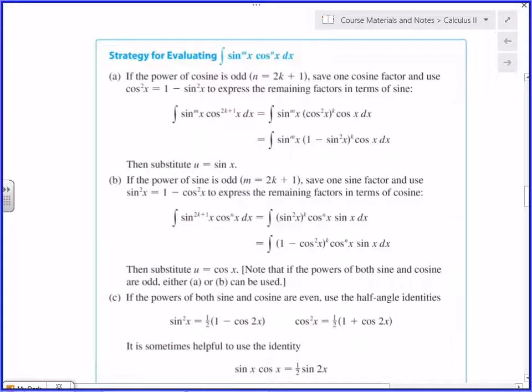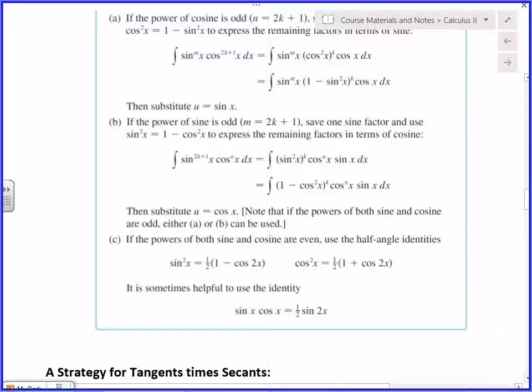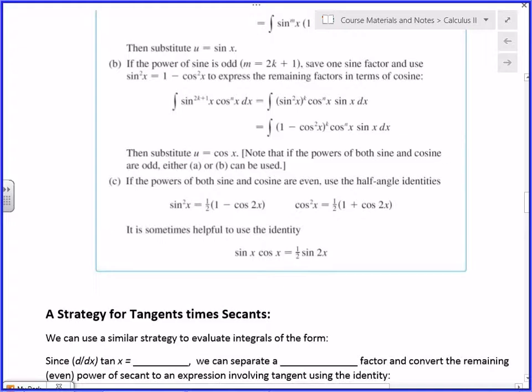So this table, or this box that I've got on the next page, is basically a summary of that. If the power of the cosine is odd, save one of your cosines and then turn the rest into sines. If the power of sine is odd, save one of your sines and then turn the rest into cosines. And then do a substitution. If they're both even, you use the half angle identities, or what I call the double angle identities. Same idea.